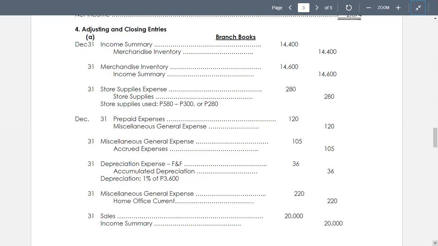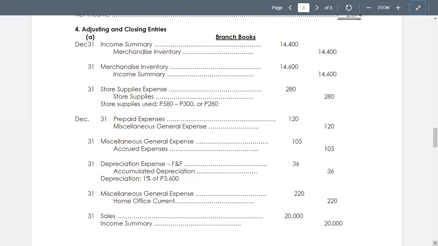And on the credit side, we have the account home office. So we now get the amount of 32,040.